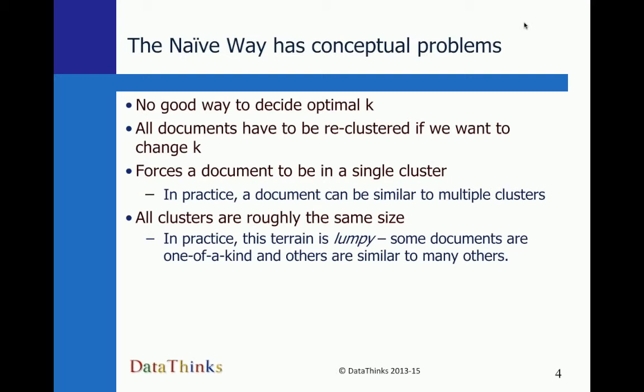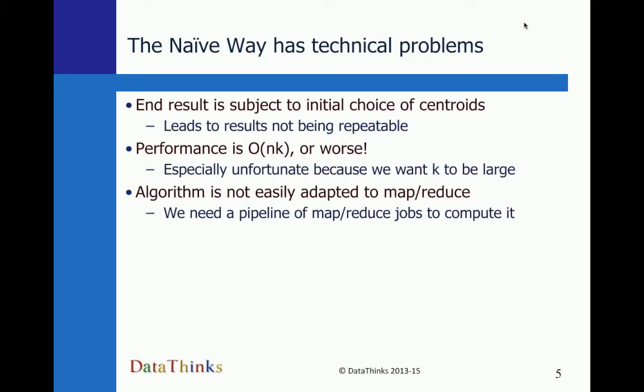There's also no good way to pick an optimal K. It's kind of trial and error. There are ways to test. You don't want too few clusters, and you don't want too many because it'll skew your results. And every time you add new documents, you have to rebuild your clusters, which is not very performant.